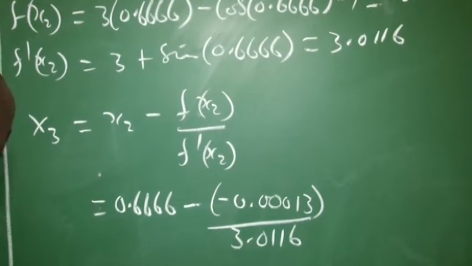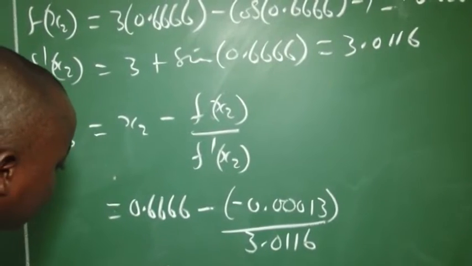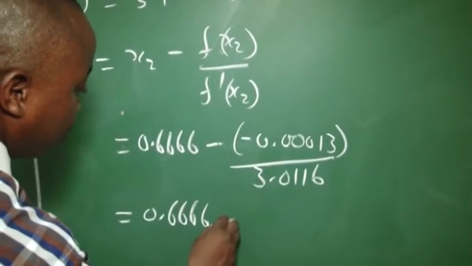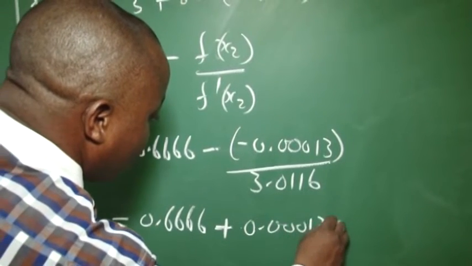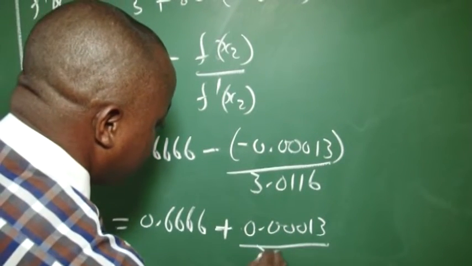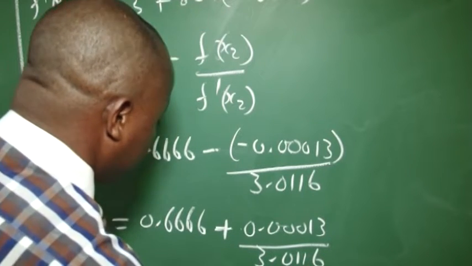Now, we have 0.6666 plus, because this must give us plus, 0.00013 over 3.0116.